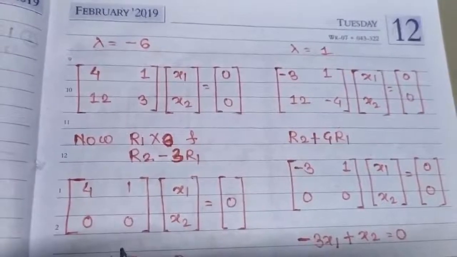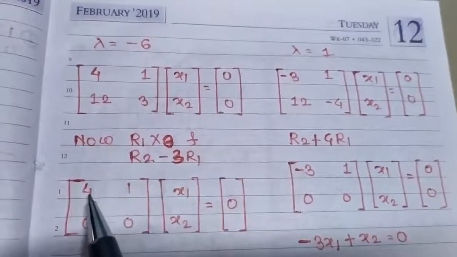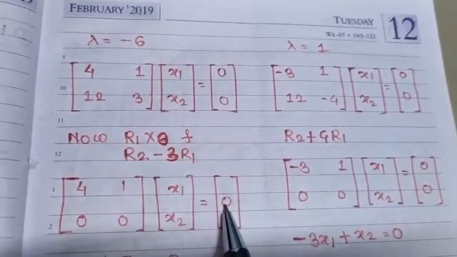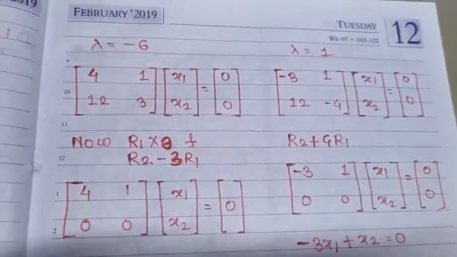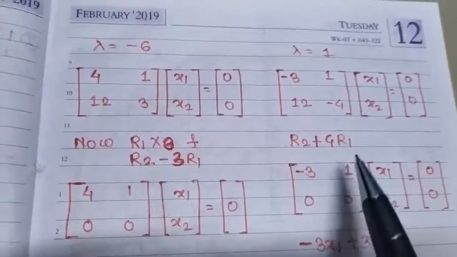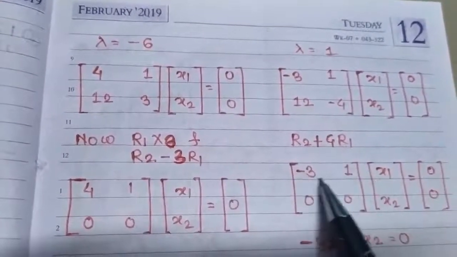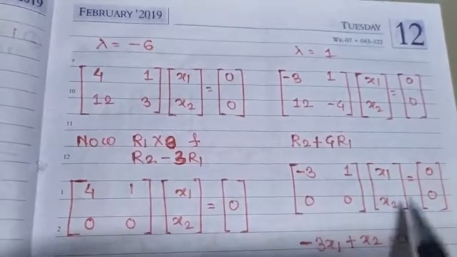So what remains? 4, 1, x1, x2 is equal to 0. Here also, if R2 plus 4 R1, then only one row is remaining.